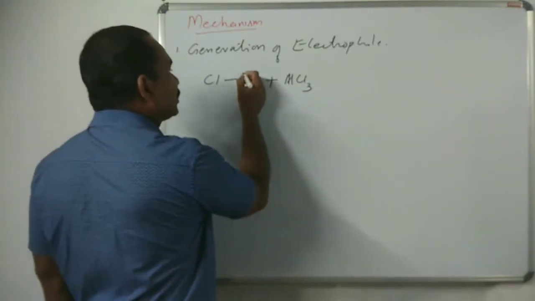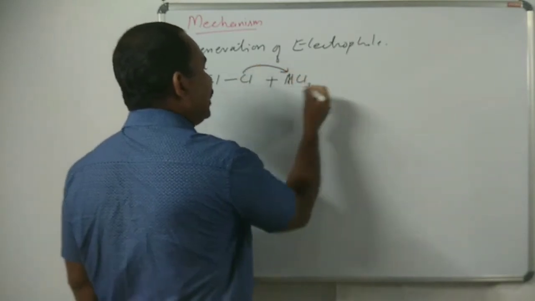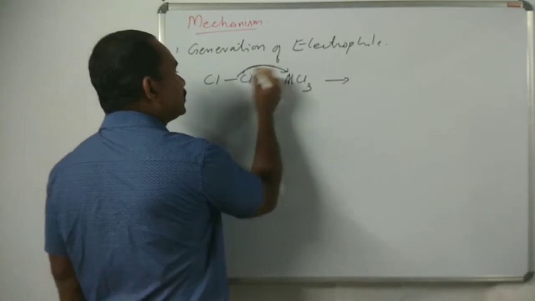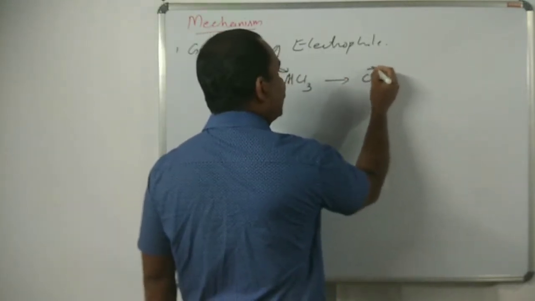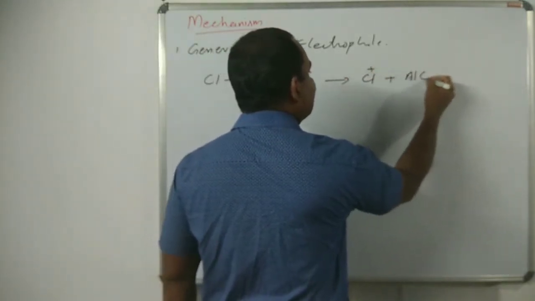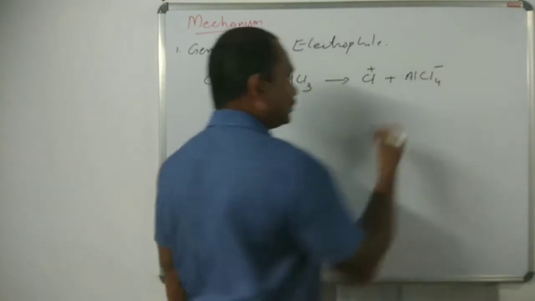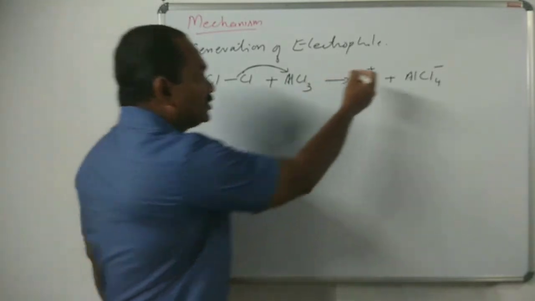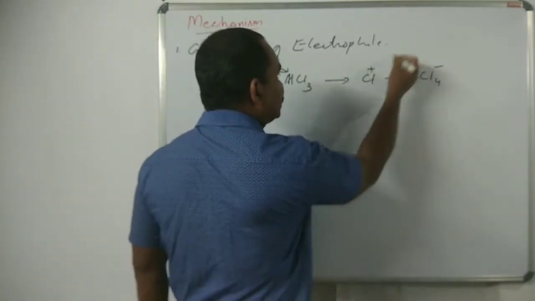So this chlorine is given to the AlCl3, this bond is shifted, which forms Cl plus and AlCl4 minus. So this is the electrophile E plus.